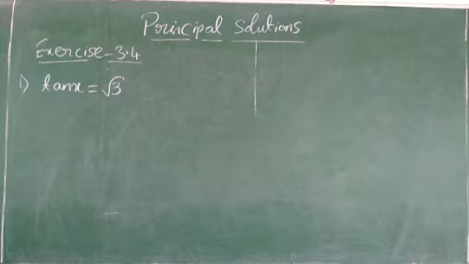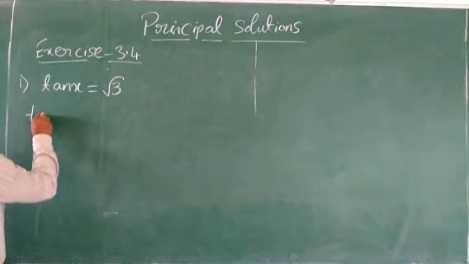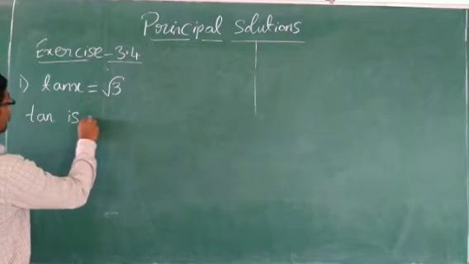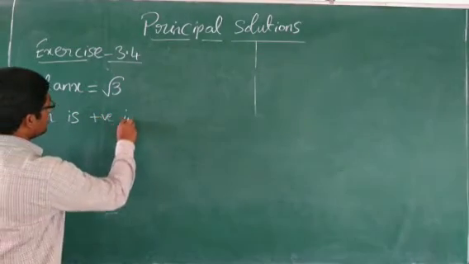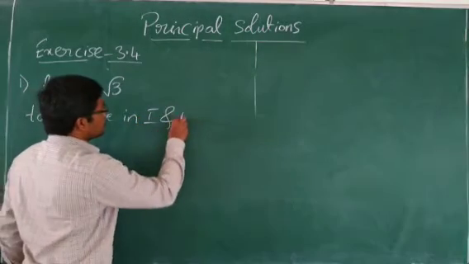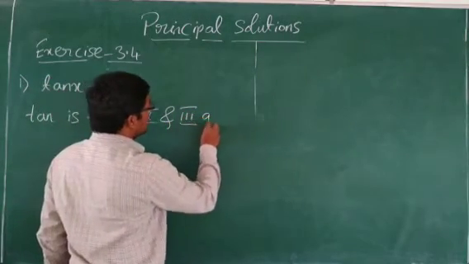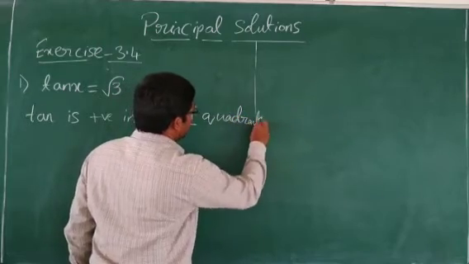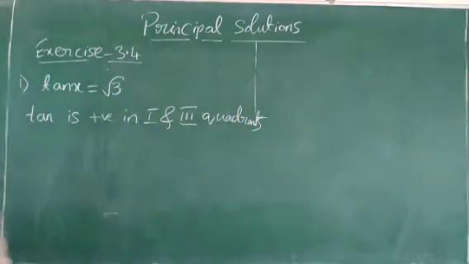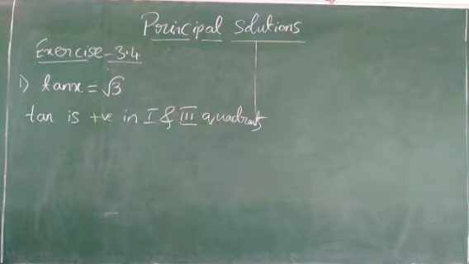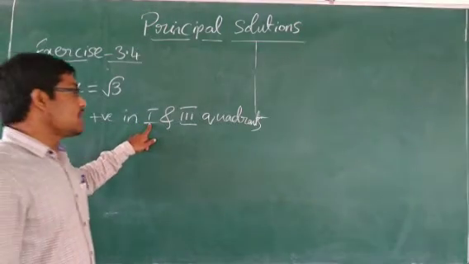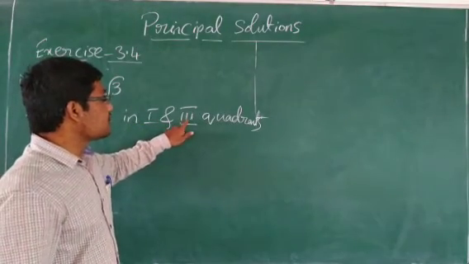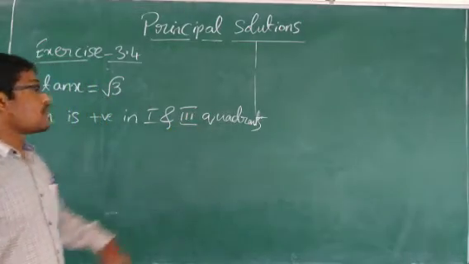We get tan positive in the first quadrant and in the third quadrant. Tan is positive in first and third quadrants. So we should get one angle in the first quadrant and one more solution in the third quadrant.